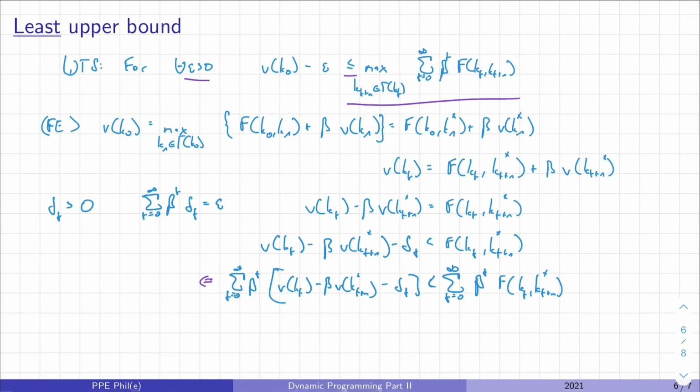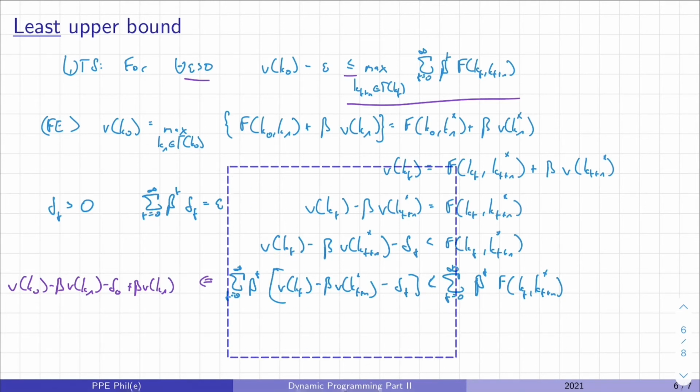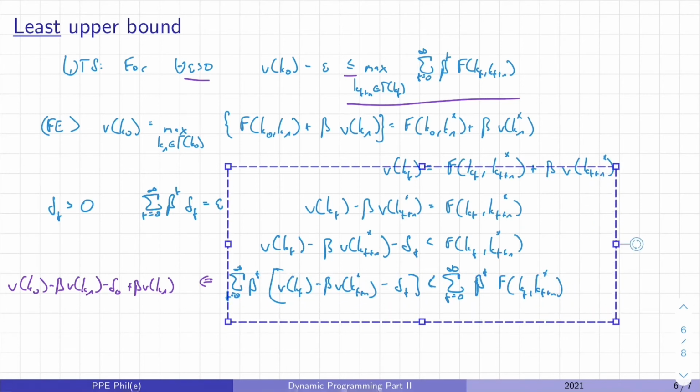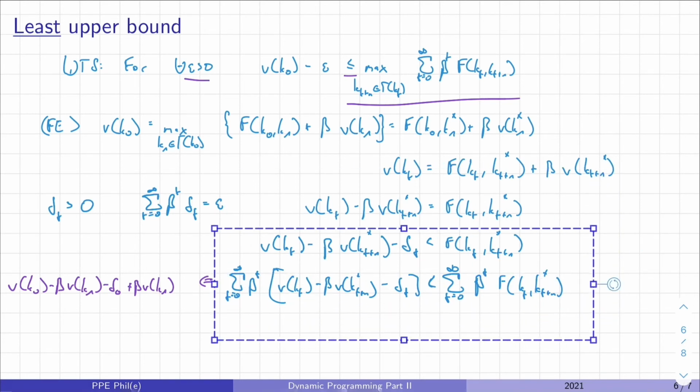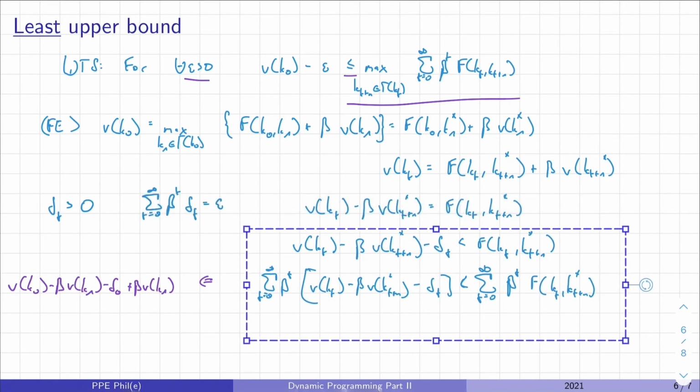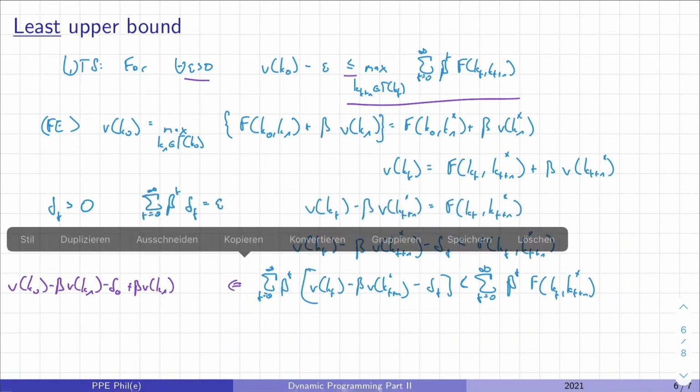If we disentangle this, because beta to the power 0 is 1, this actually becomes V of k naught minus beta V of k1 minus delta naught plus beta V of k1. And I'm going to move all of this just a little bit over so that this doesn't become too messy for you to read.